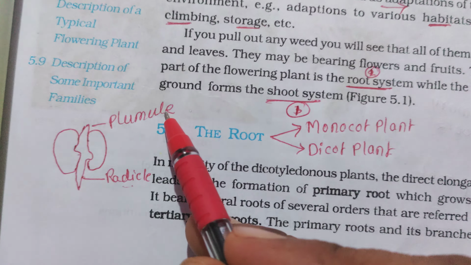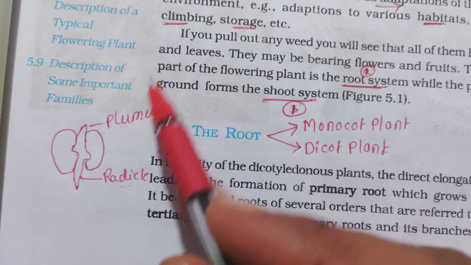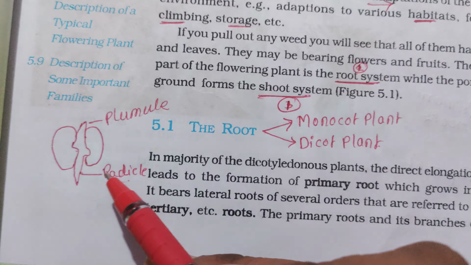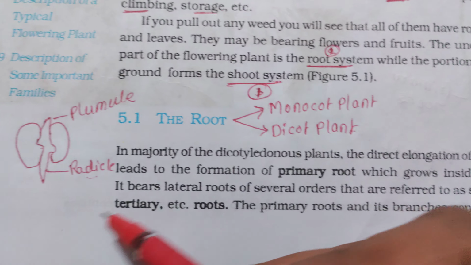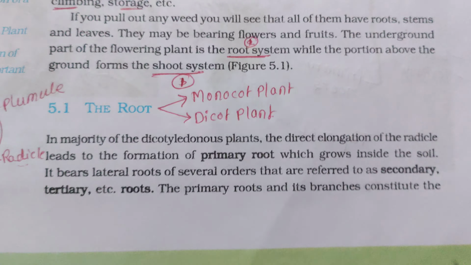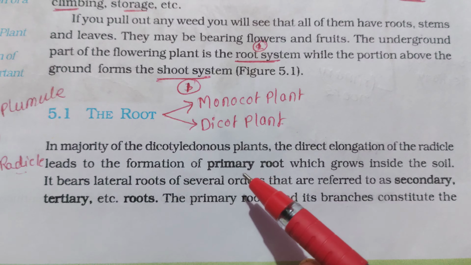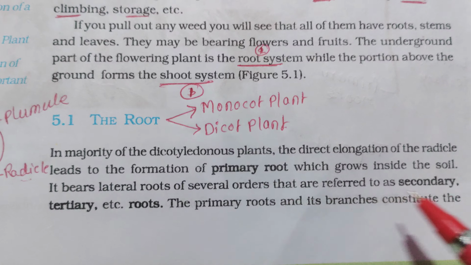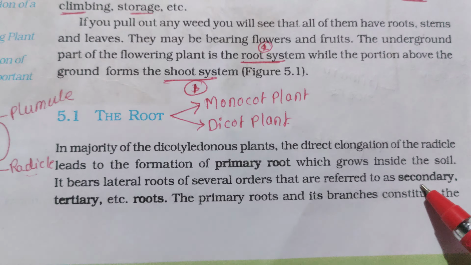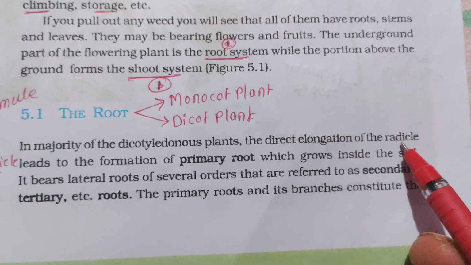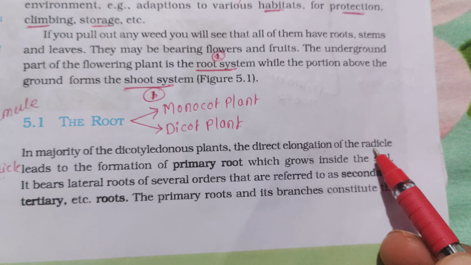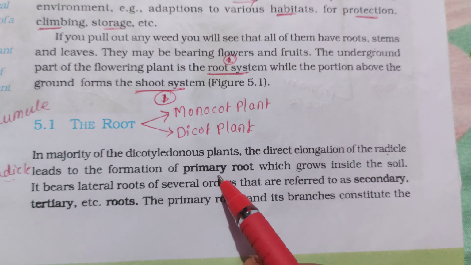The plumule gives rise to the shoot system in the plant and the radicle gives rise to the root system. In the root, plants form mainly two types, the primary roots and secondary roots. The roots which originate from the radicle part of the seed are called primary roots.